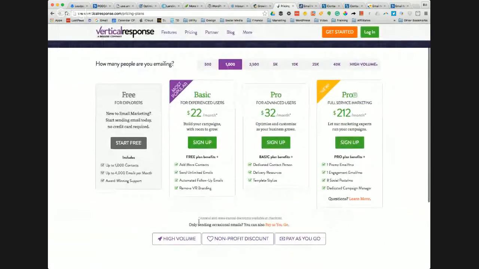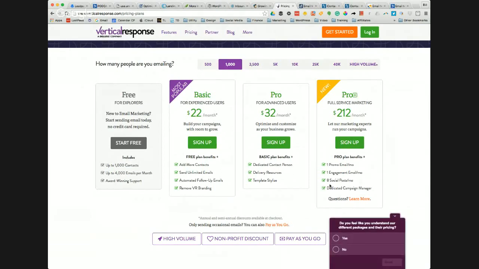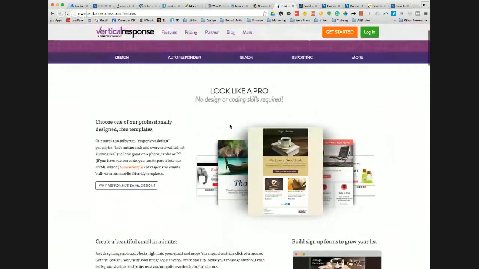So you could still try VerticalResponse, try both of them for free and see which one you like the most, Bill. Right. Boy, there's really different pricing here, and it goes up quite a bit at the end. It does, but the free product is free, so you could try both of them and see which one you like the most, couldn't you?